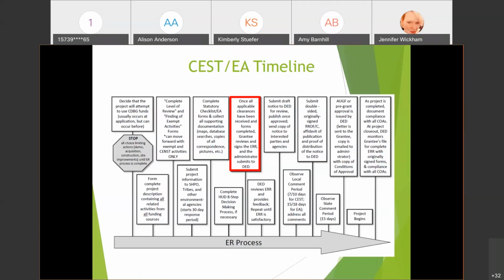Then the department will review the environmental report with the grant administrator, and they will exchange feedback with each other until there is a satisfactory environmental report. Next slide.